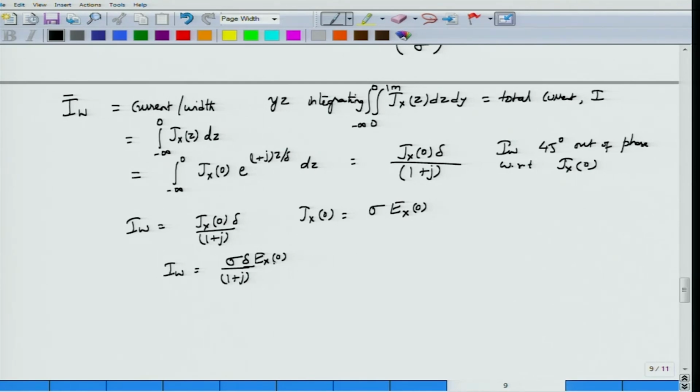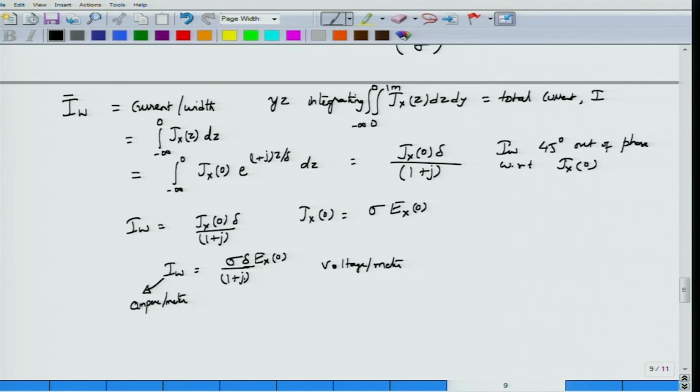Now this quantity Ex of 0 has units of voltage per meter, or volt per unit length, and this has units of ampere per meter, because this is current per unit width. So if you take the ratio of voltage per unit width to current per unit width, you get something that would be impedance.